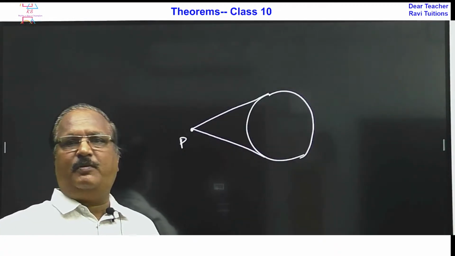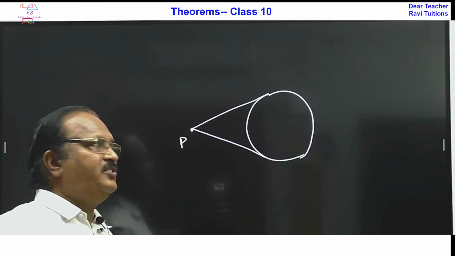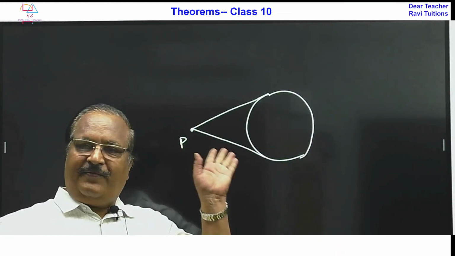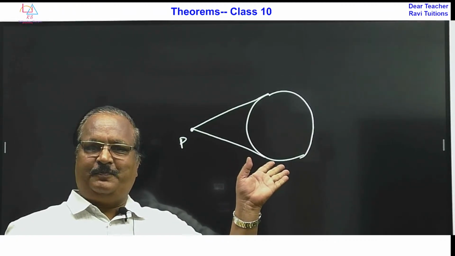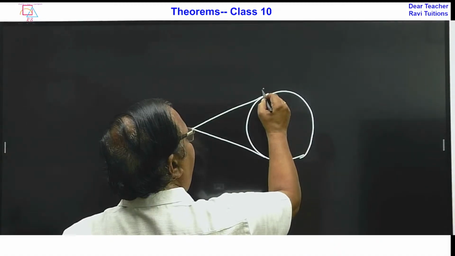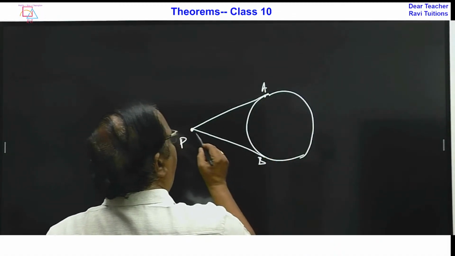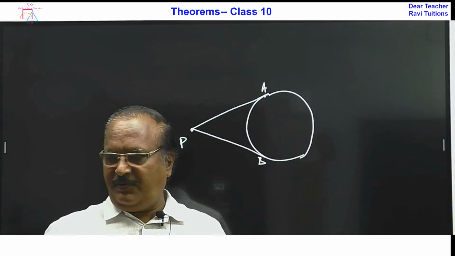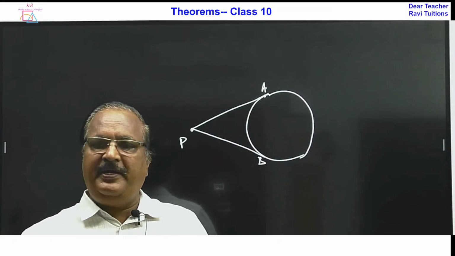From an external point, how many tangents we can draw? Two tangents we can draw, right? Of course, this is the second theorem. Prove that these two tangents are always equal. The tangents drawn from an external point are always equal. PA is equal to PB.